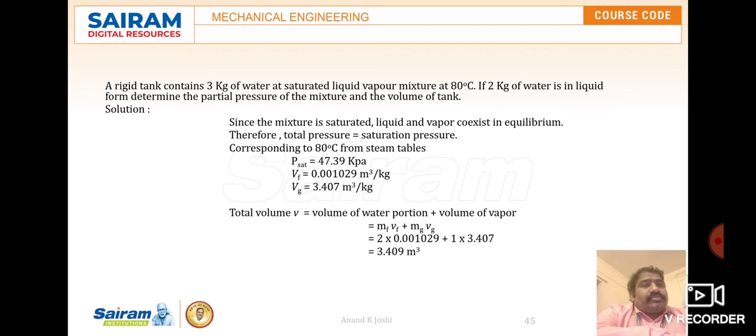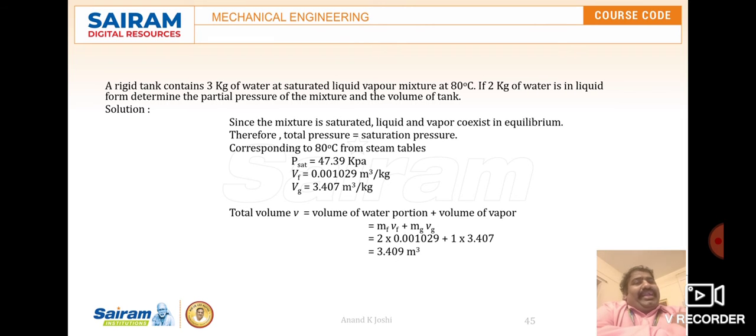When the mixture is saturated, with liquid and vapor coexisting in equilibrium, we can write the total pressure as equal to the saturation pressure. Corresponding to 80 degrees centigrade, from the steam table you can note down these values.